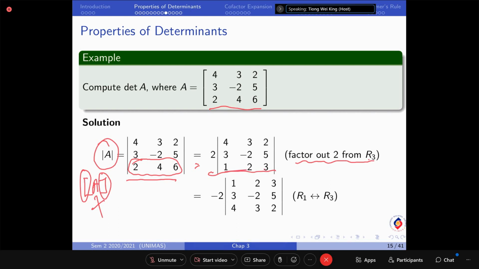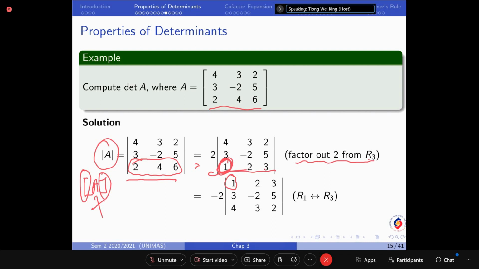Because remember, our aim is to reduce the matrix into a triangular matrix using row operations. Since we are always used to the leading one, that's why we keep 1 here. But of course, you can use other values. It's not necessarily 1, but to be convenient for you, I don't want you to be confused. So we stick to 1 here.